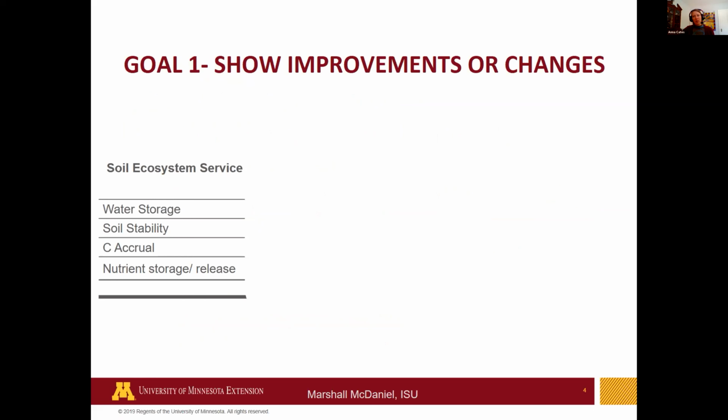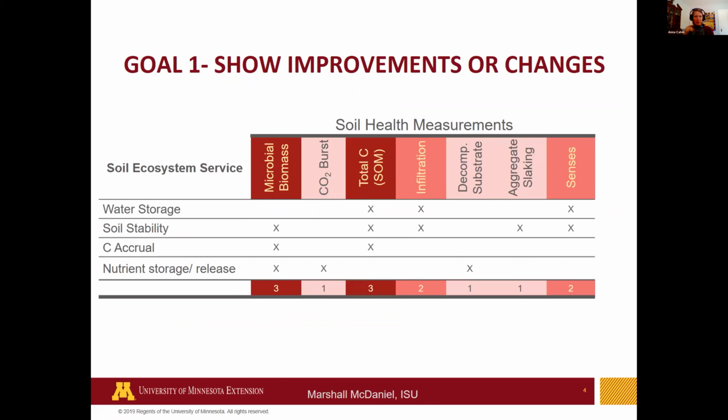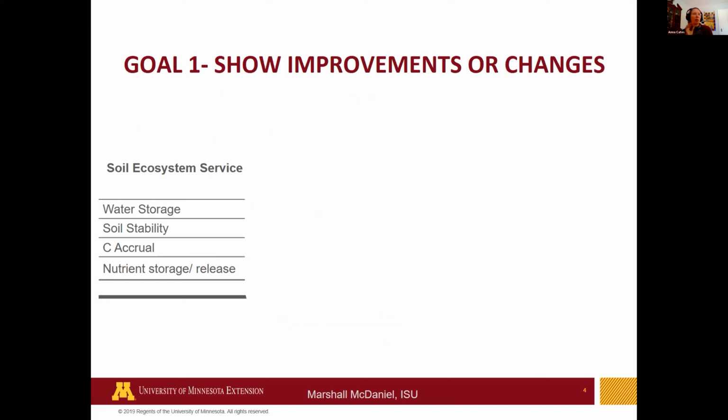So this chart assesses how various soil health tests do in terms of that first function. Just to keep it clean for the beginning, the first list is what ecosystem service we're looking at. And all of these mix public and private benefits, I would say.